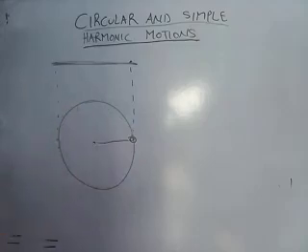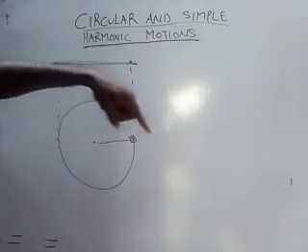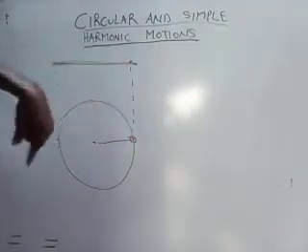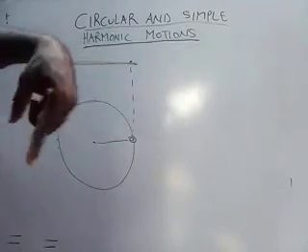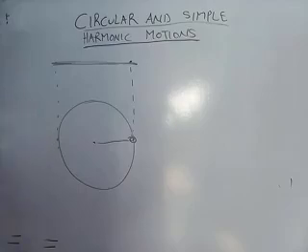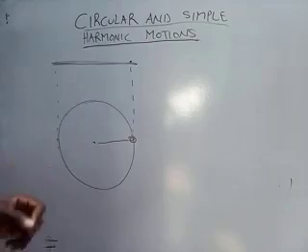If you don't understand, what I mean is that as the body is going around, let's assume it's my finger going around the circle. I have an object here, this is a string, and the string is tied to this.